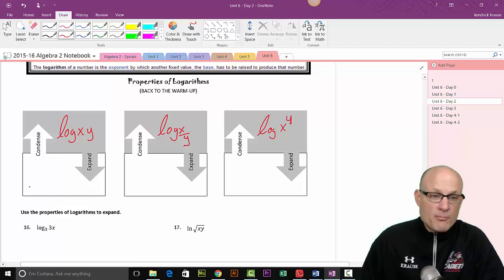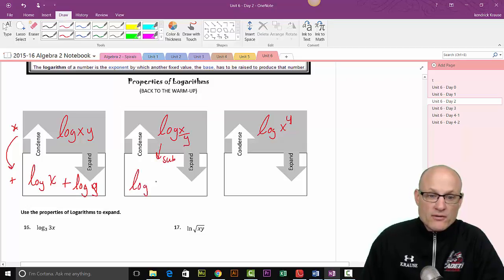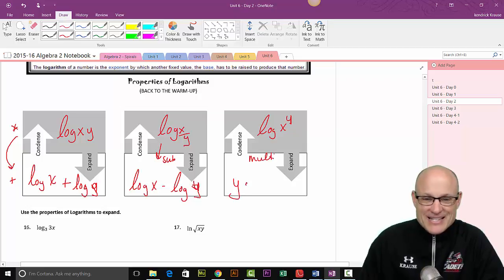Multiplication becomes addition, so log x plus log y. Division becomes subtraction, so log x minus log y. And this exponent becomes multiplication, so it's y times log of x.